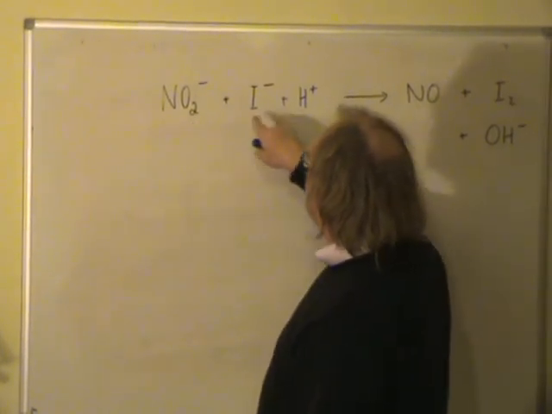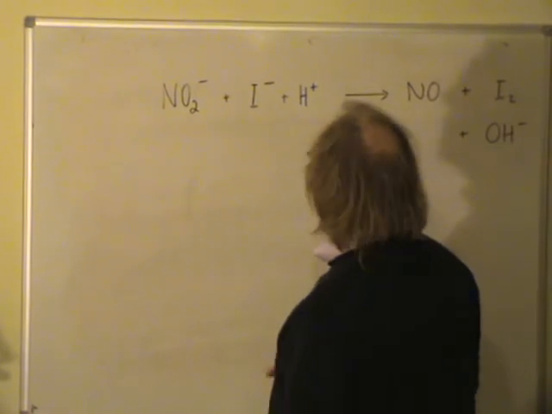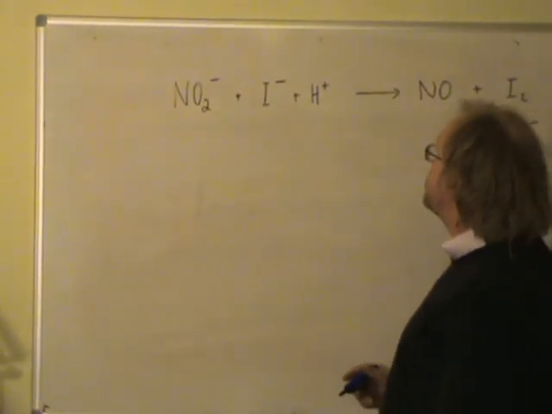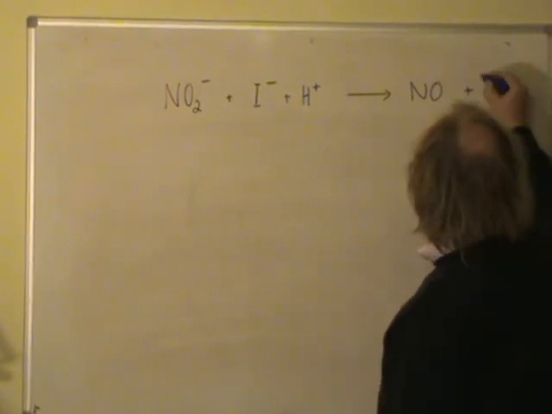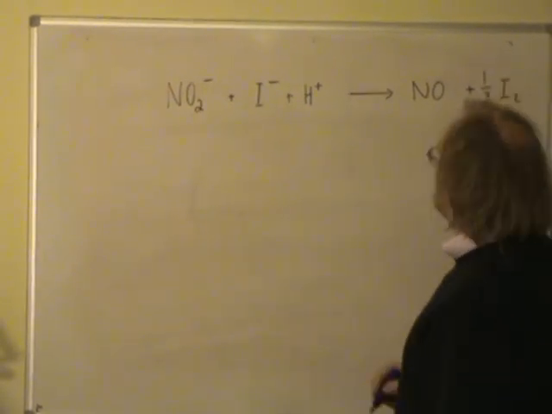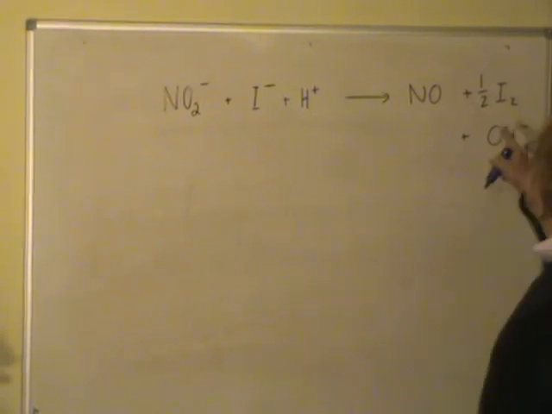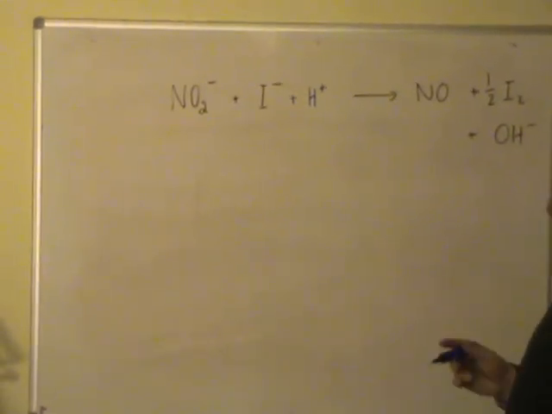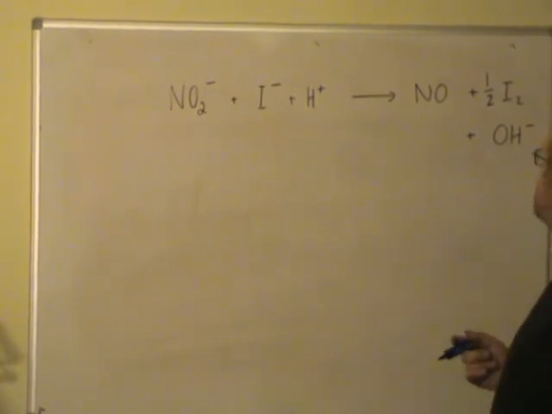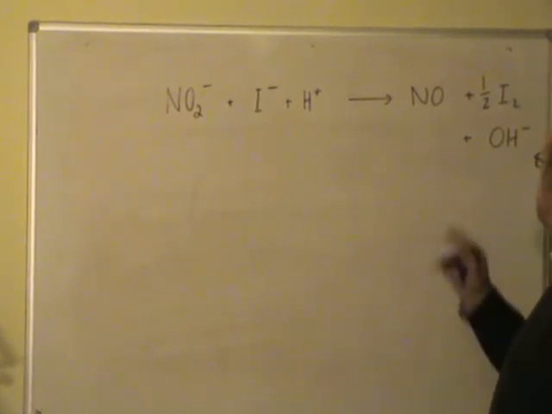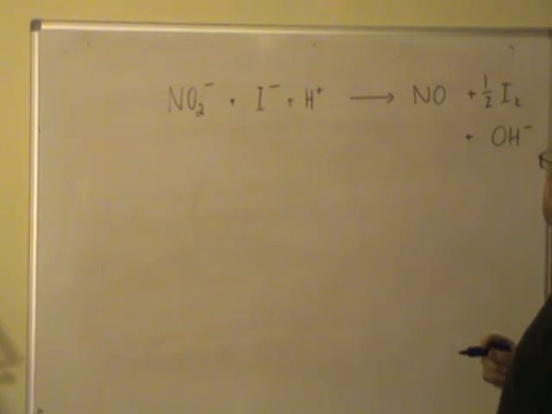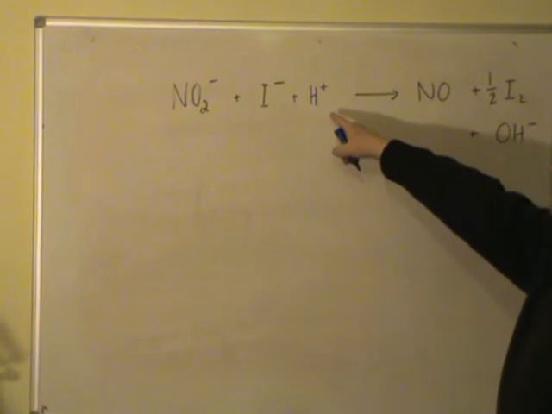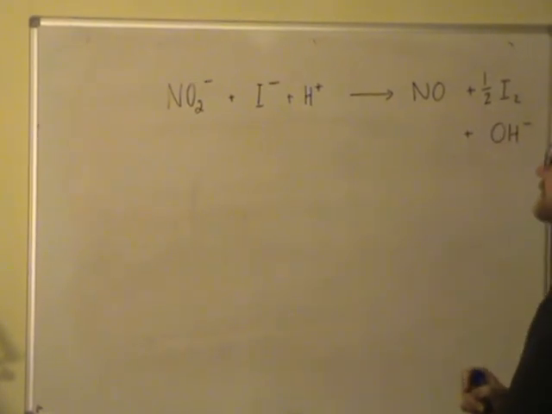On this side, if we leave it the way it is at the moment, the charges do indeed add up to 1 minus, so that looks fine, but we've got to put a half I2 there to balance up the number of iodines in that equation. And that balances because we've got 1 nitrogen on each side, 2 oxygens on each side, 1 iodine on each side and 1 hydrogen, and the charges 2 minus and 1 plus adds up to 1 minus on that side and 1 minus on that side.